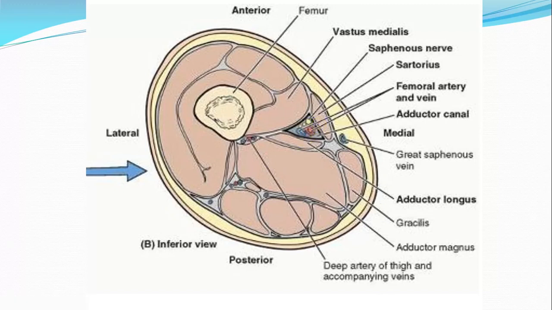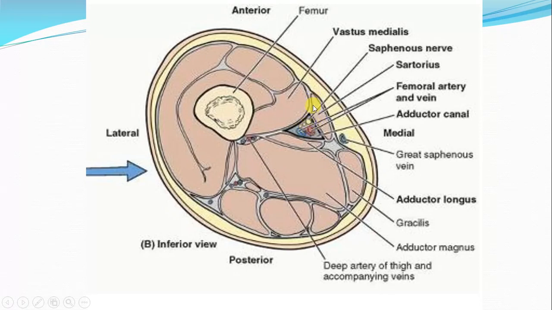And the contents: here we are seeing the femoral artery and vein, then the saphenous nerve, then the nerve to vastus medialis. Because of hypertrophy of this vastus medialis, we can imagine that the entrapment syndrome can develop here.